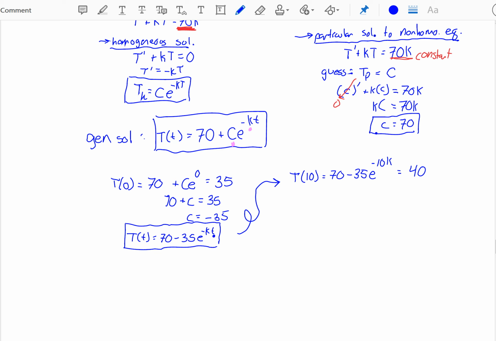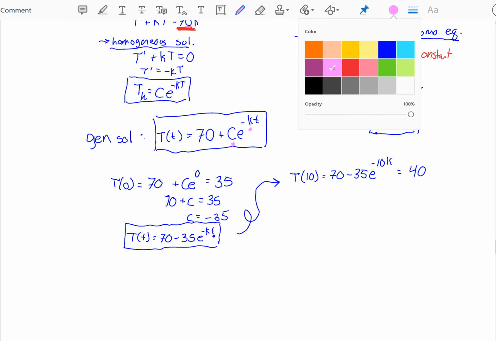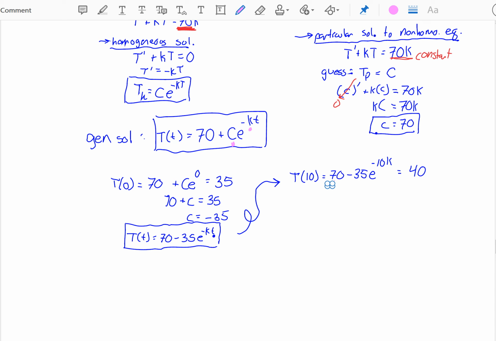So if we're solving now for k, you're probably going to be subtracting the 70 from both sides to get negative 35 e to the negative 10k. I think that's going to be negative 30.